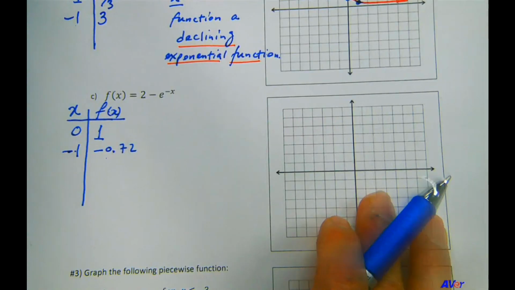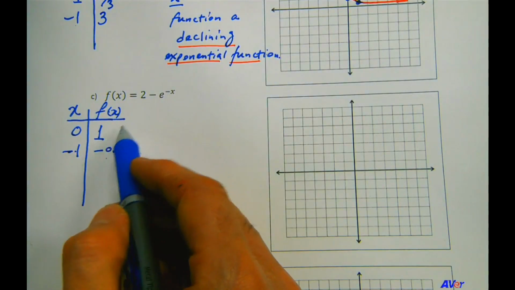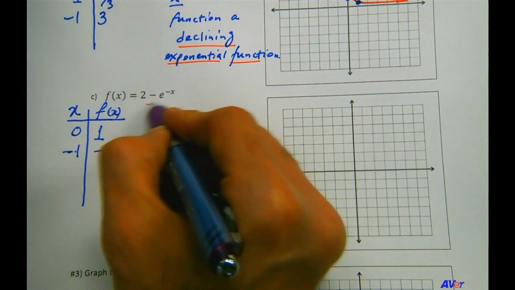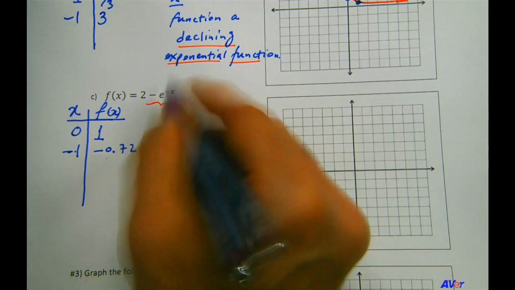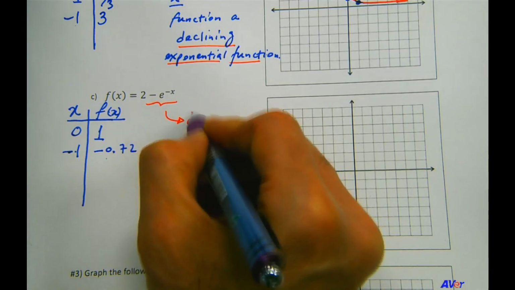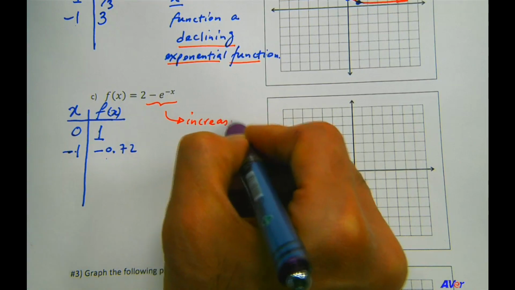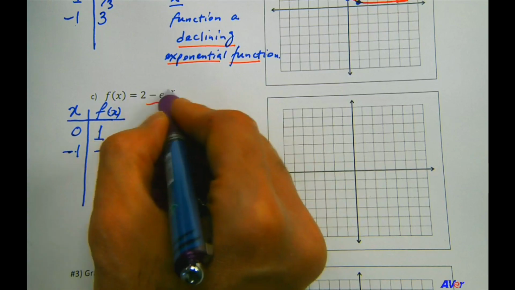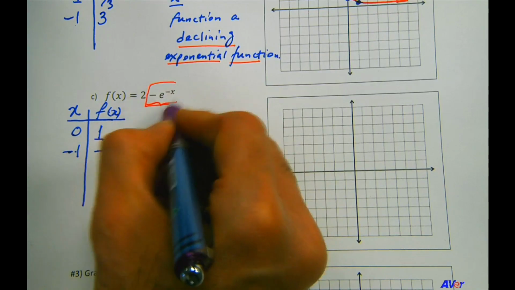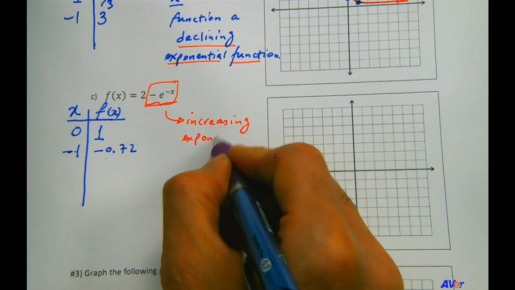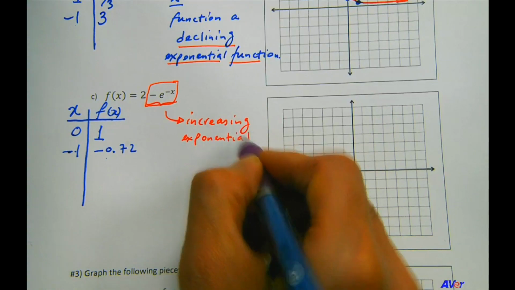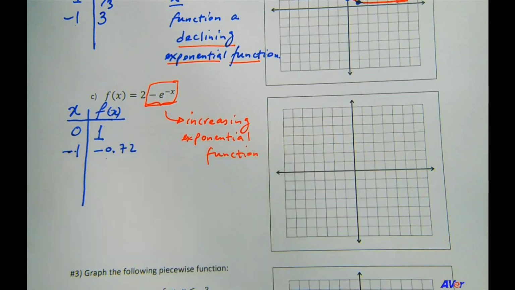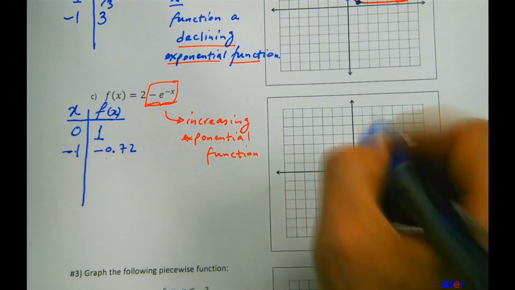But let's plot these 2 points, because of the minus e to the minus x, this is an increasing exponential function, because of a combination of those things. Okay, so 0, 1.